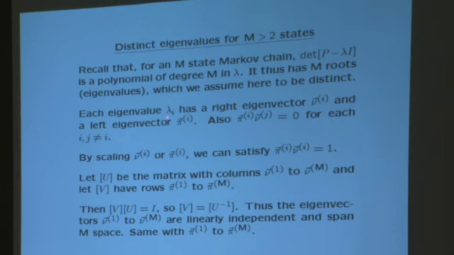Each eigenvalue, lambda sub i, there are m of them now, has a right eigenvector, nu sub i, and a left eigenvector, pi sub i. We're going to show in a second that pi super i times nu super j is equal to 0 for each i, j unequal to i.